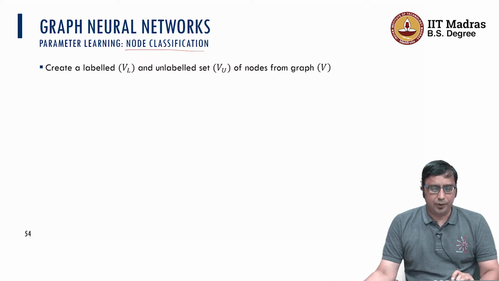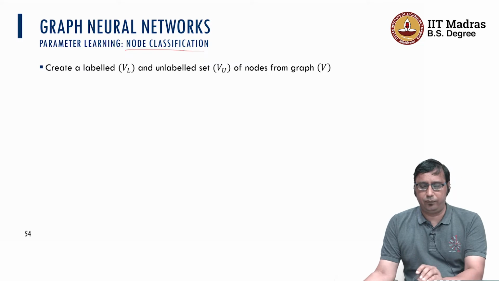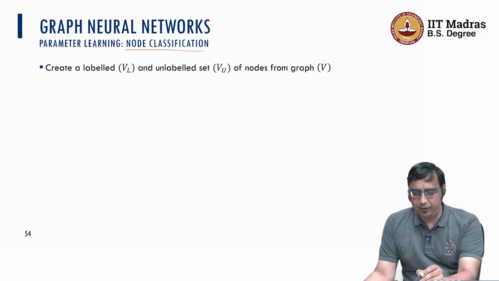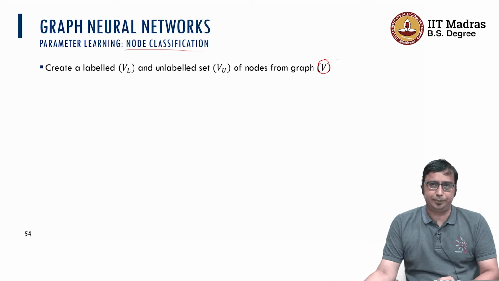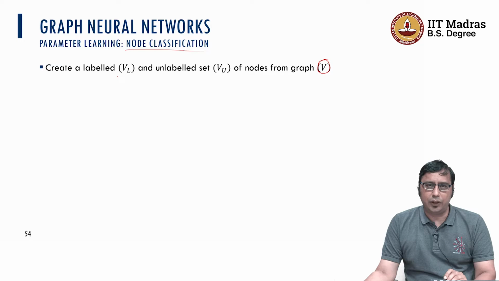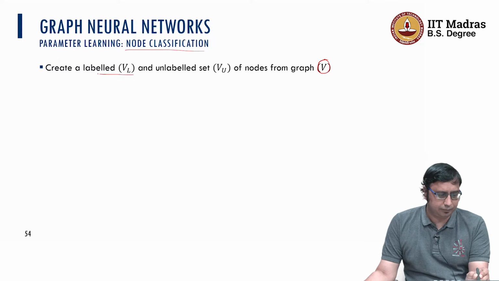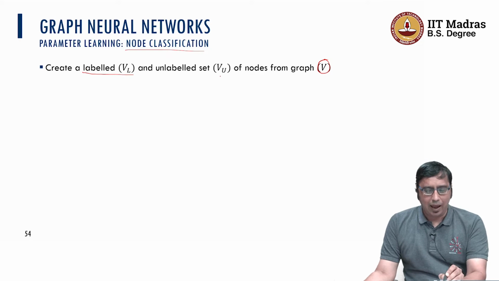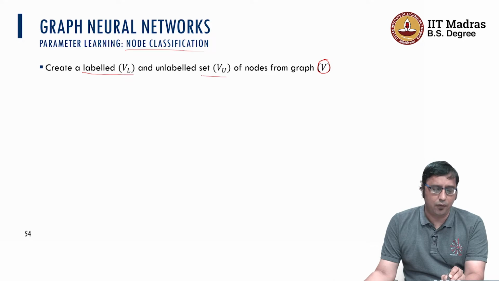So what we are going to do is we are going to take a graph as an input and the node set is the V set. Now in each graph we have two kinds of sets of nodes. One set of nodes which are labeled, we'll call this set of nodes VL, and another set of nodes which are unlabeled, we'll call it VU.